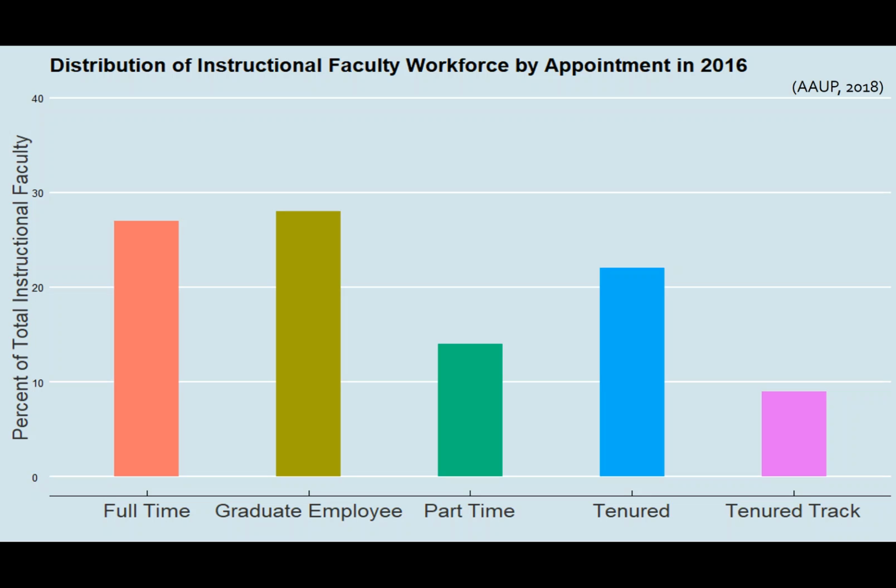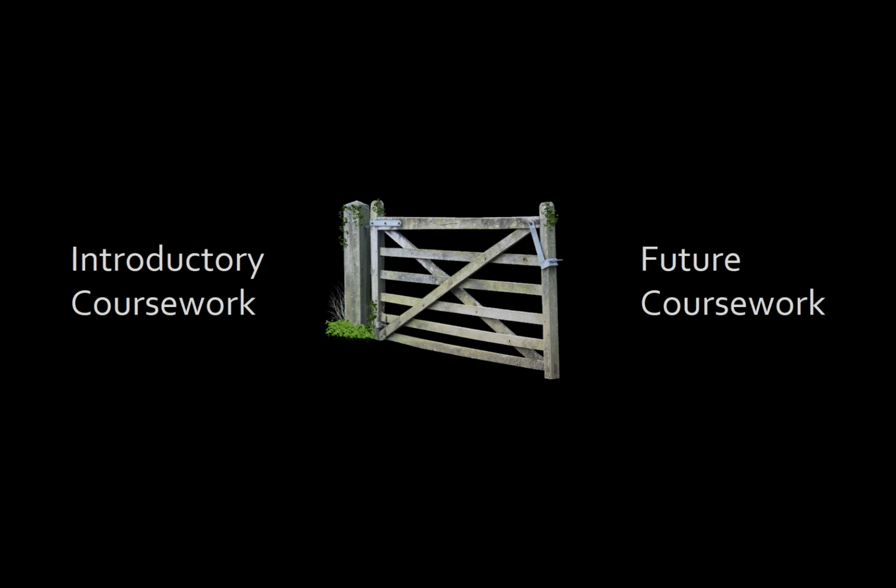Now, these numbers are from the American Association of University Professors from 2016, and they're reporting that universities are using graduate employees higher than tenured or tenure track faculty. Heck, even more than full-time employees. And these graduate students are often showing up in introductory courses.